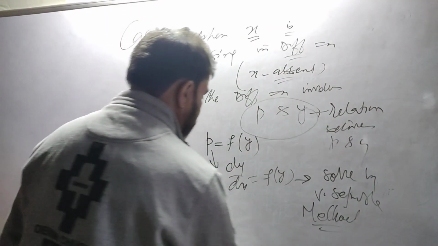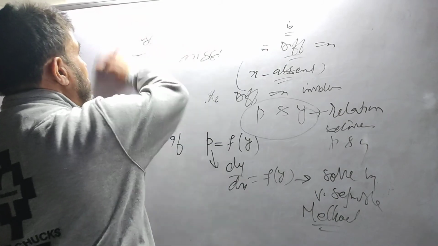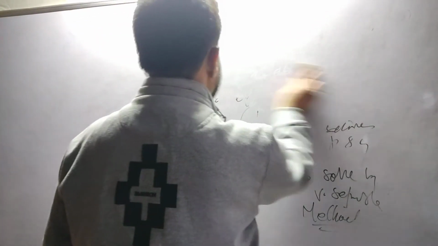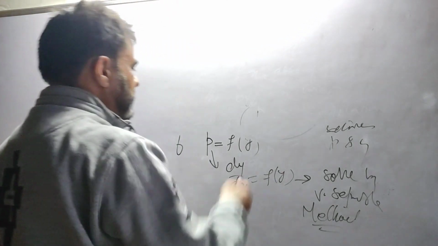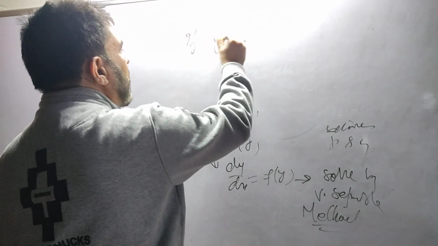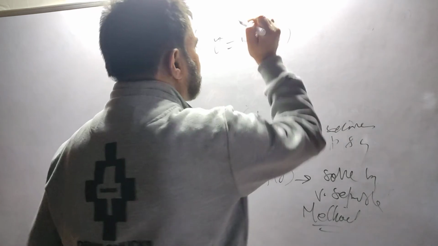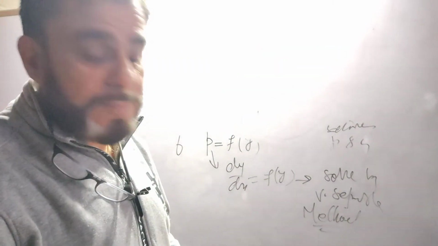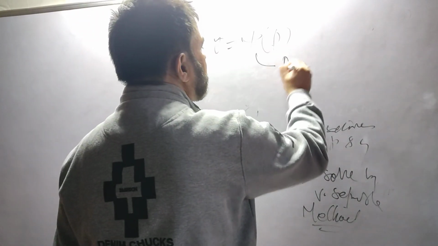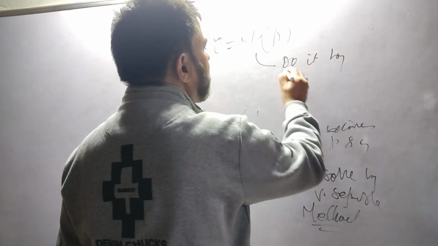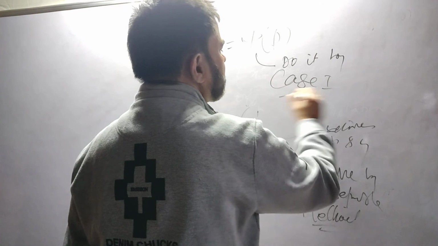Now in case number third, if y is equal to some function of p, how do we proceed? If y is some function of p, then we proceed as in case first.